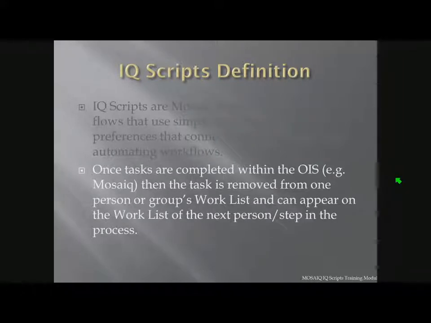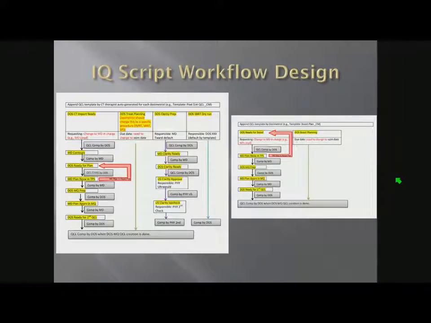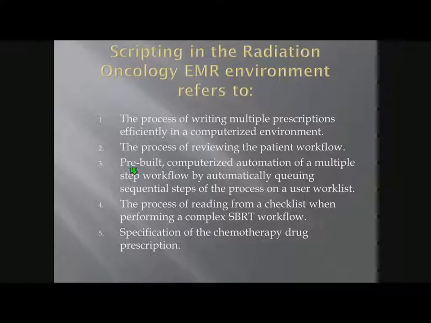Once a task is completed in the chain, that task can disappear off a user's work list, and then the next item in the list can appear on the next person's work list. And obviously, a good example, as we've said, is that the treatment planning process can be outlined and queued up in this way. So let's do our last Sam's question for me.